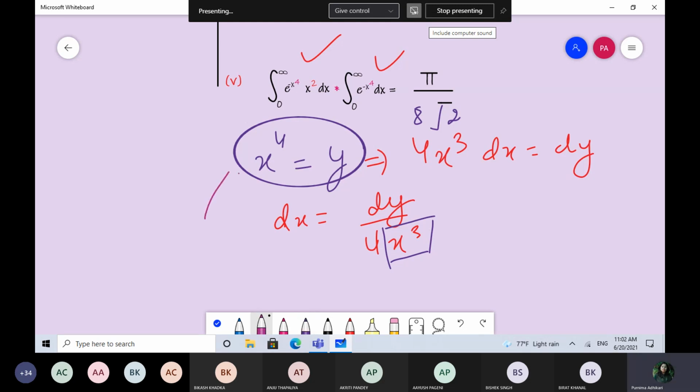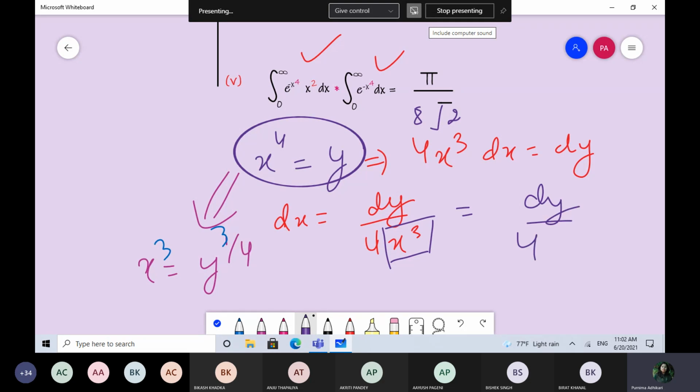Look at this. Can we say x equals y to the power 1 by 4? Now then what is x cube? Tell me quickly. Y to the power 3 by 4. Exactly. So we can write this as dy by 4 y to the power 3 by 4. Okay, now let's put it in your integral.